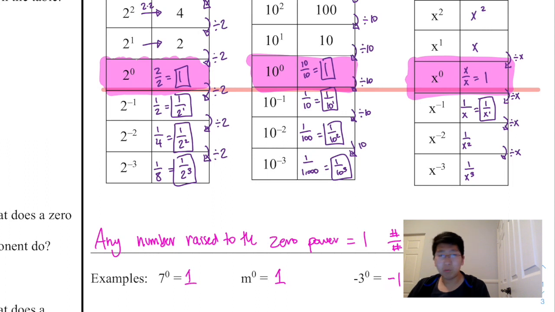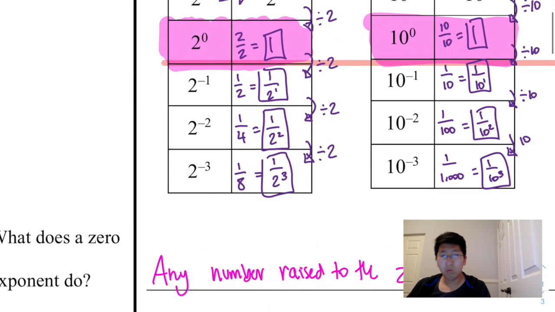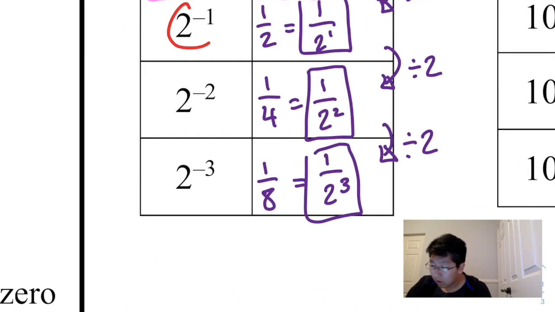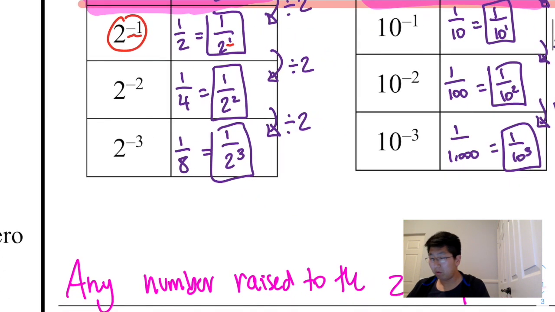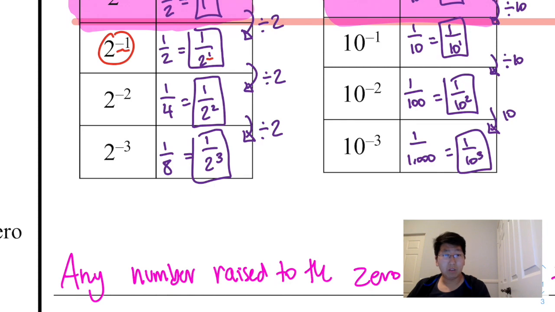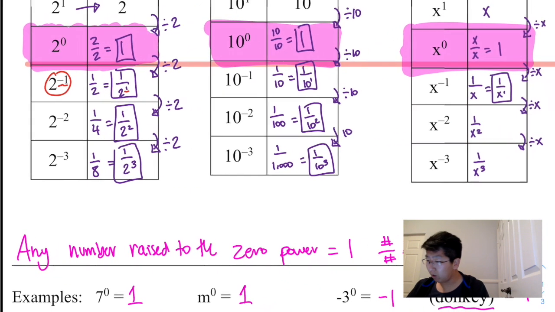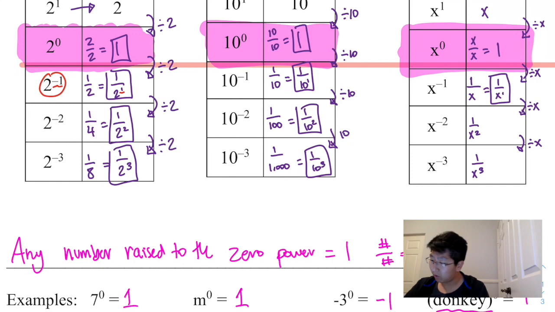So when we have negative exponents, it's going to be a little bit different, right? What does it look like up here? When we get to these negative exponents, right? The 2 becomes 1 over 2, right? And look what happens. This negative 1 came down here. So you get it to actually become a fraction, right? And I want you to notice all of these down here, including these ones right here, are fractions, okay?